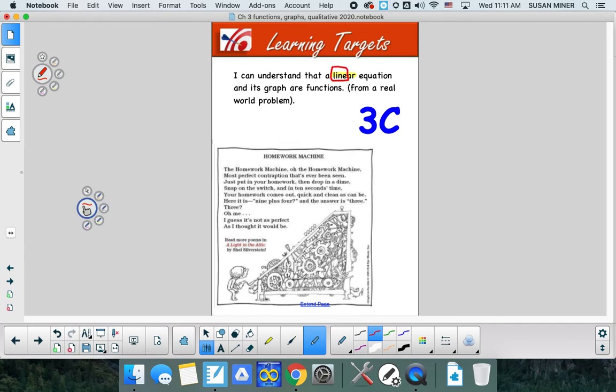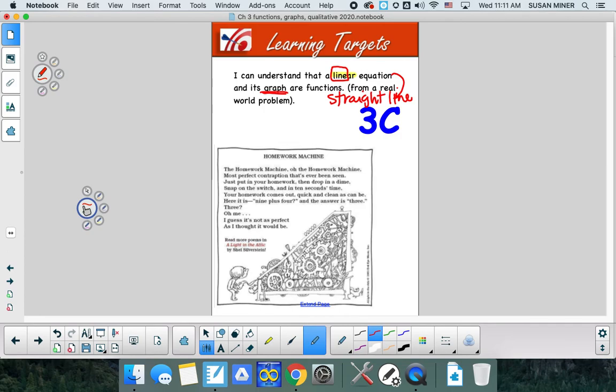When I graph a linear equation, it makes a straight line on my graph. A linear equation is a straight line. So we are going to be using an equation today that when I graph it, it makes a straight line.